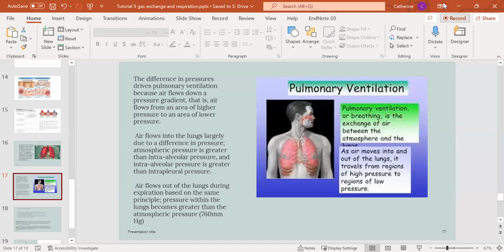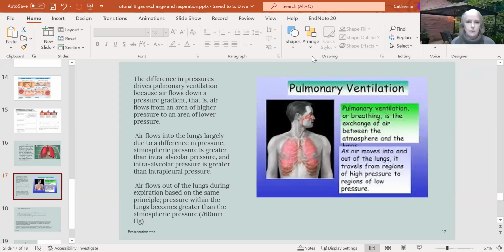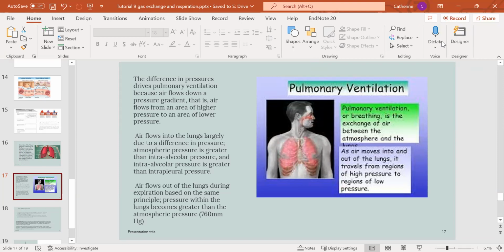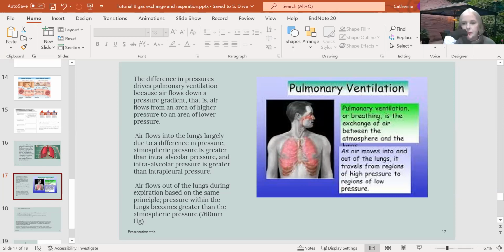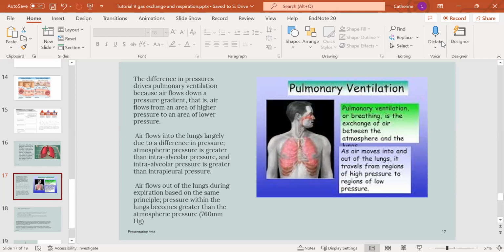From what I remember last year in clinical reasoning, the ideal reading for that was between 95 and 100%. On the other side of that slide, it had the partial pressure, indicating how much percentage of hemoglobin is saturated with oxygen.